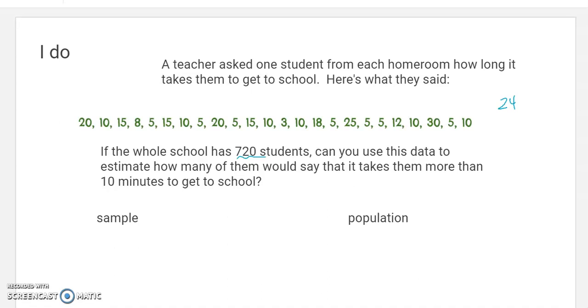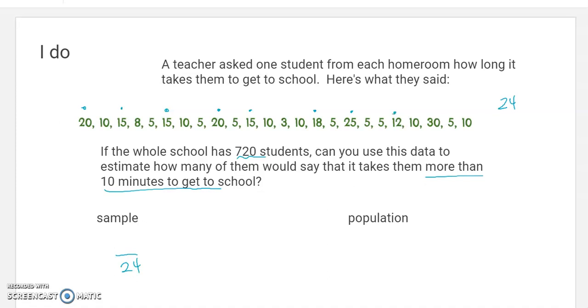Okay, so here's what we're going to do. Looking at my sample, there are 24 students. Let's see how many of them said it would take them more than 10 minutes to get to school. 1, 2, 3, 4, 5, 6, 7, 8.